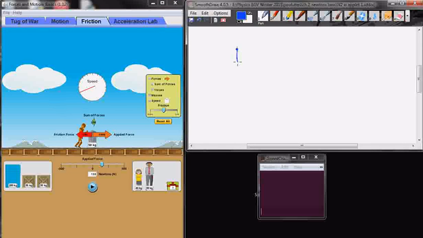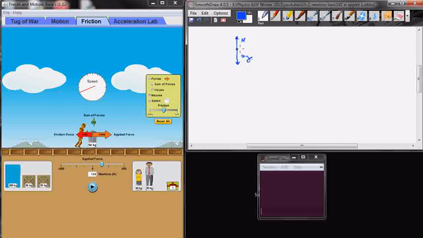There will be a downward force of the weight, which is m times g. And there will be an equal and opposite upward force, the normal force of the floor on the 50 kilogram mass.